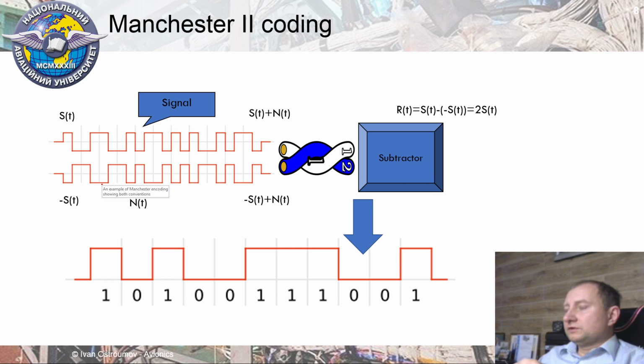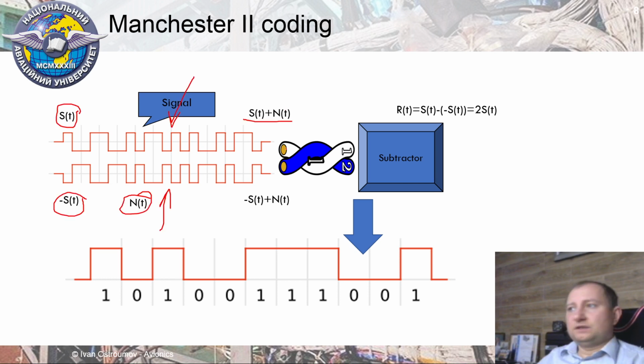One more time, if we have signal S(t) and we have the inverted signal S(t) on the other wire, during the data transmission there will be noise N(t). After that, the noise will be added to the direct signal S(t) and added to the negative signal S(t). And in the receiver, we need to subtract one signal from another one.